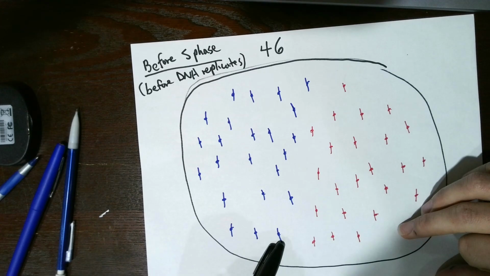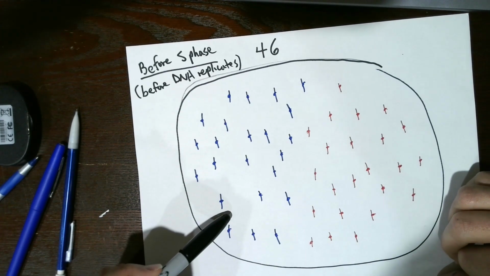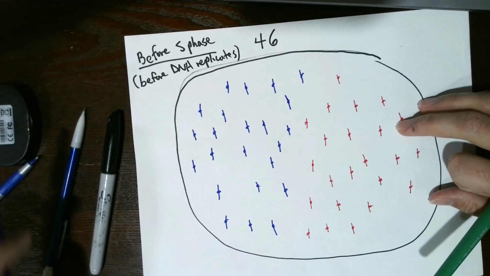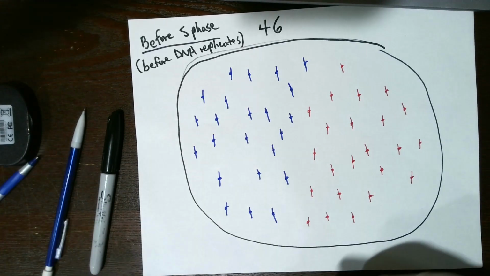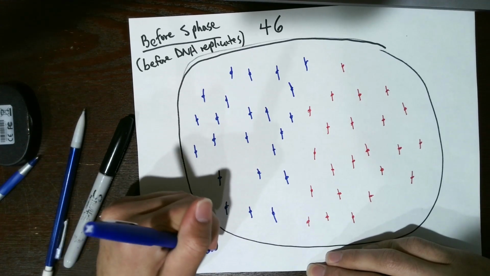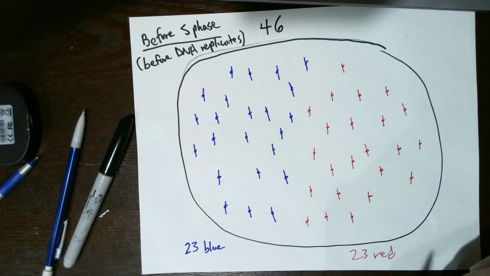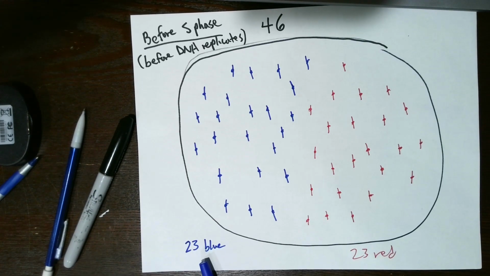The blue ones are the ones that come from your father, and the red ones are the ones that you got from your mother. If you count each one, you're going to notice that you have 23 blue chromosomes and 23 red chromosomes. So 23 blue chromosomes came from your dad, and 23 red chromosomes came from your mom.